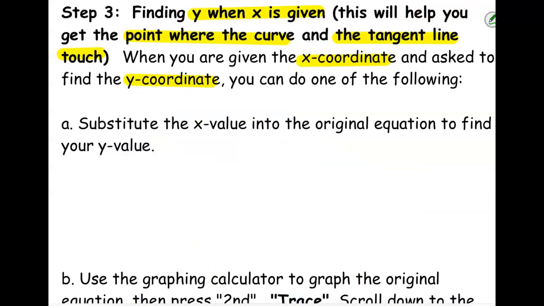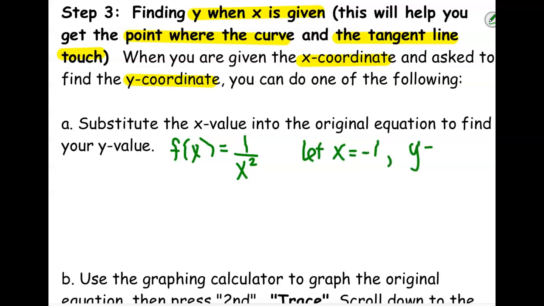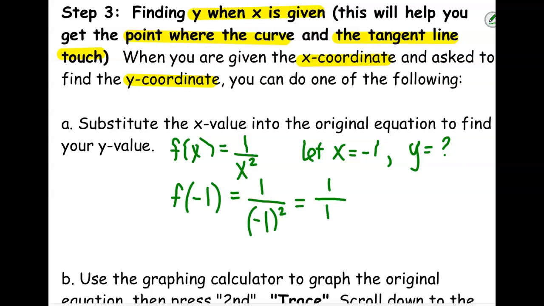So I'm going to write the original function as f of x equals 1 over x squared. And we're going to let x equal -1, and what we're going to find is, what is the y value? So f of -1 is 1 divided by -1 squared. Simplify it. 1 over -1 times -1 is 1. Simplify, 1 divided by 1 is 1.